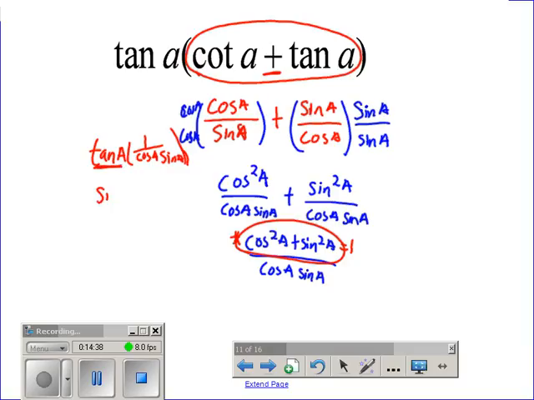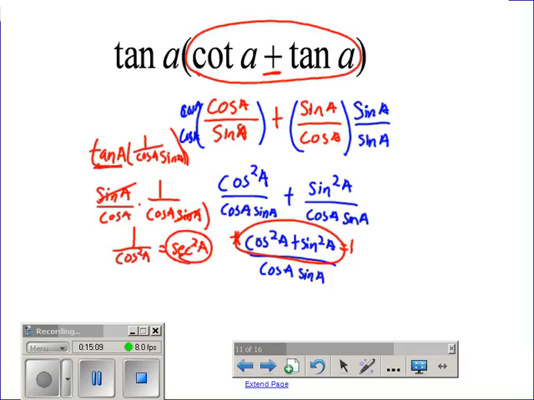So I'm going to write sine A over cosine A times 1 over cosine A sine A. The sines are going to reduce, and then I have cosine A times cosine A, so I end up with 1 over cosine squared A, which is secant squared A. You're down to your single term. You're good to go.